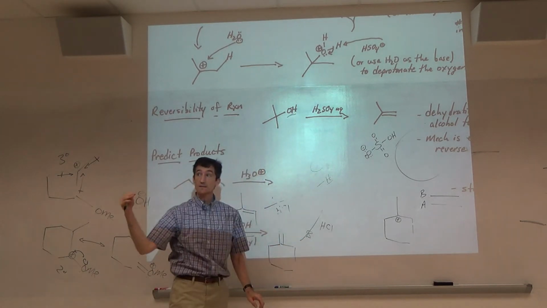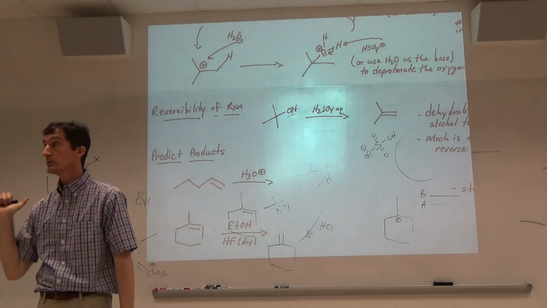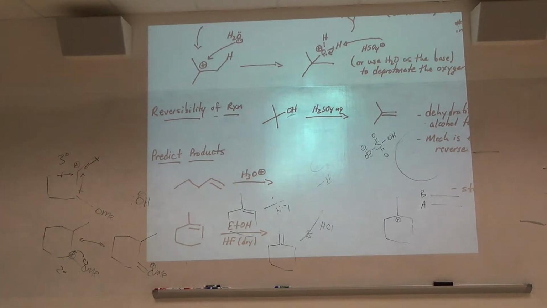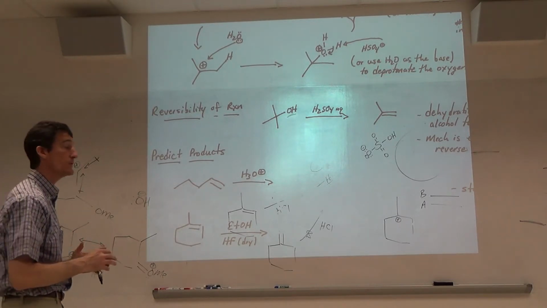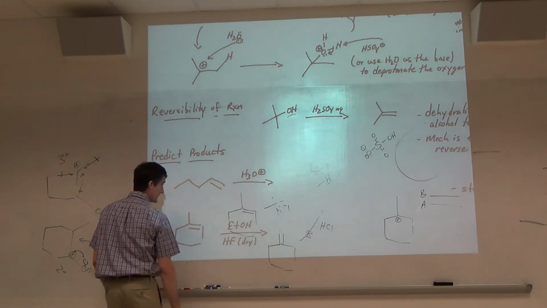It came from hydroxide adding. Did hydroxide add to the carbocation? No. Are we under acidic or basic conditions? Acidic. You do not have hydroxide under acidic conditions. Water adds to the carbocation, then you lose the H to ultimately end up with an OH. Okay, show products down here.